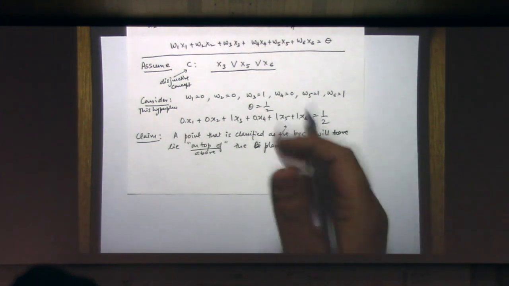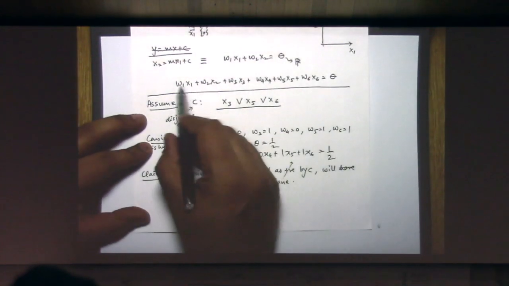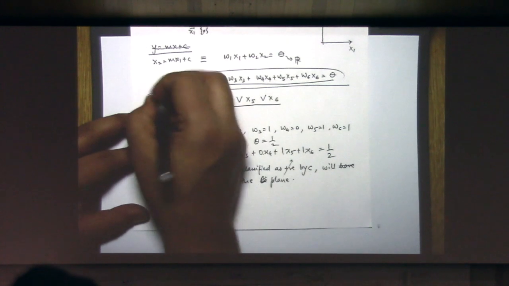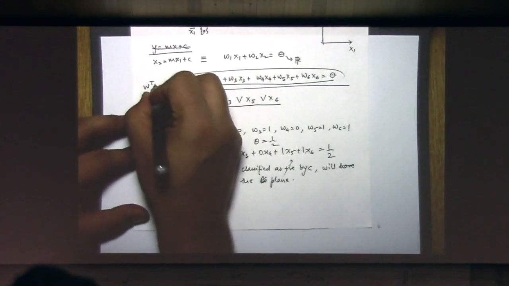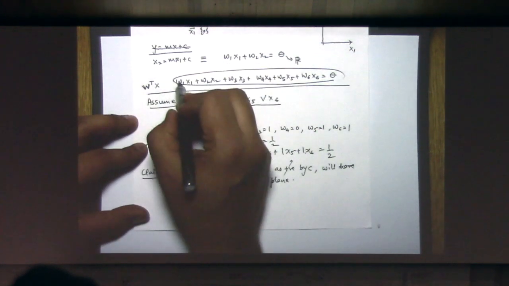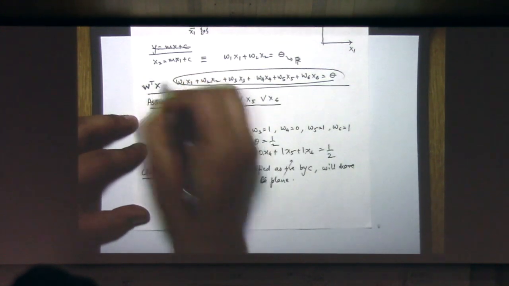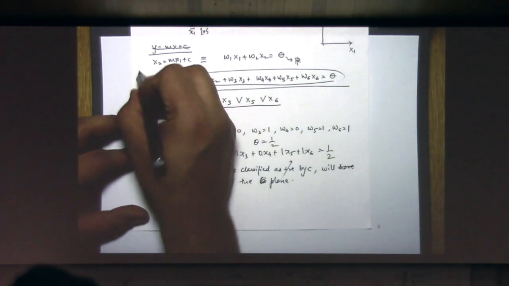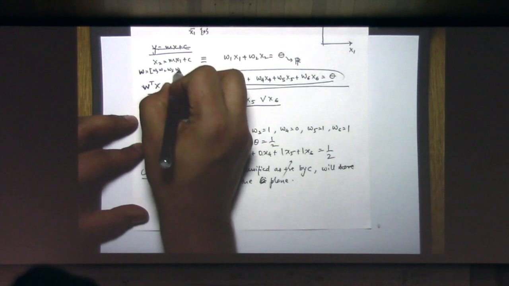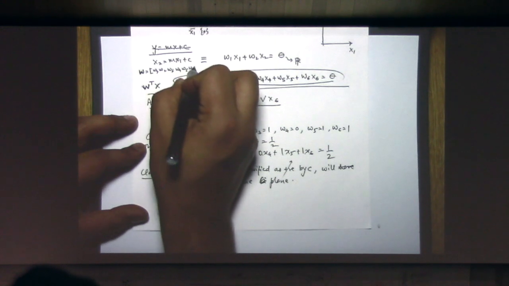Okay, just for another notational simplification, we also write this equation in a vector form as W transpose X. I try to make this bold, which means this is a vector which contains all of these values, and X is a vector. So let W be a vector which is W1, W2, W3, W4, W5, W6.